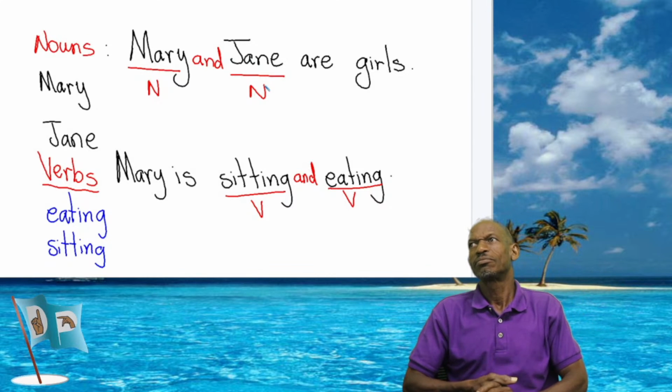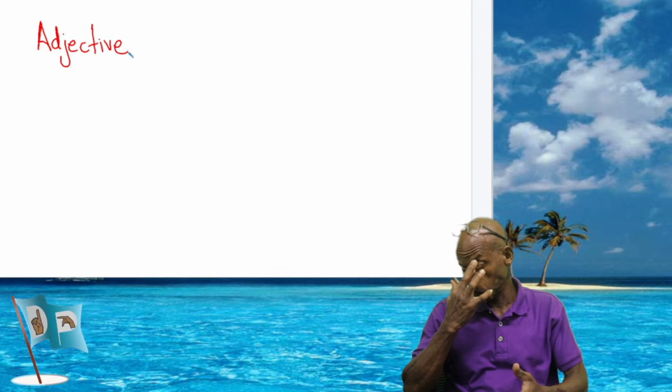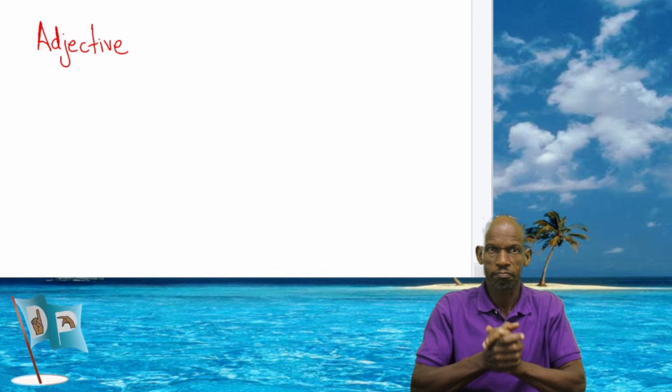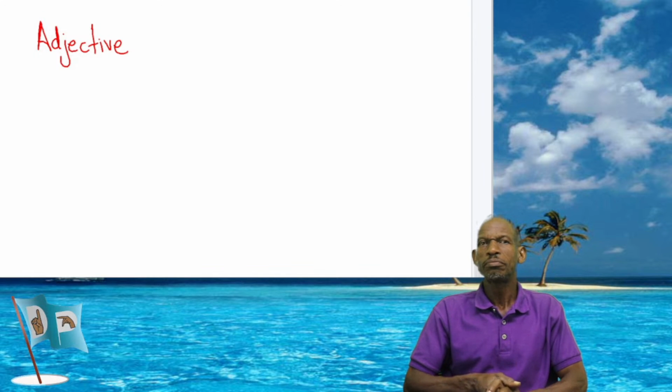Going to the next word, adjective. An example of adjectives. All right. So I can say handsome.